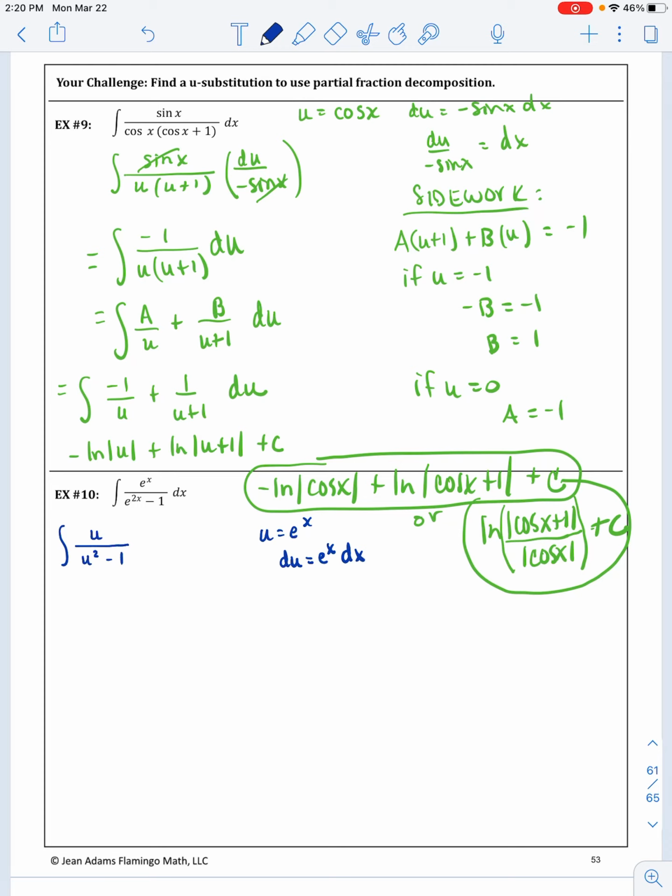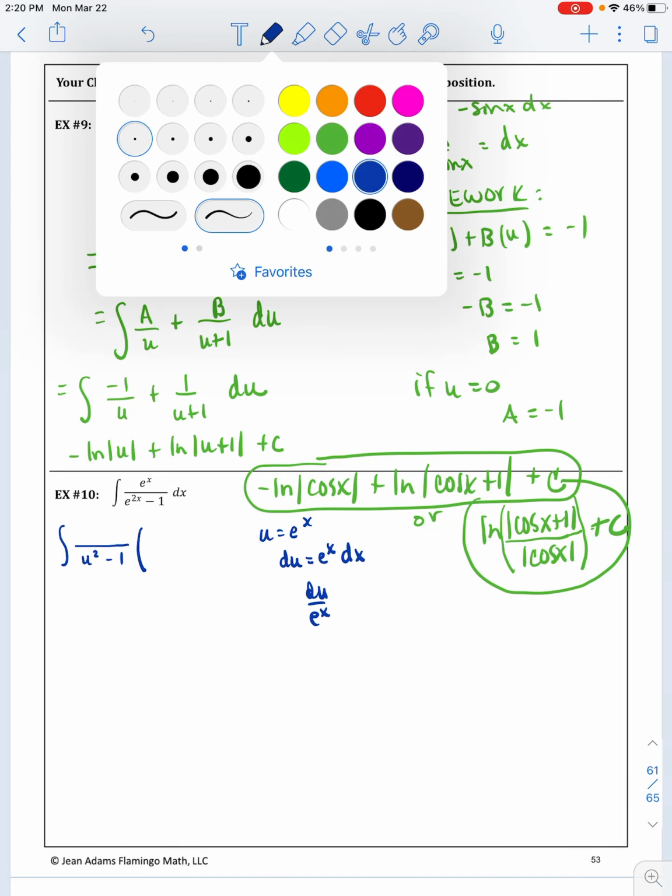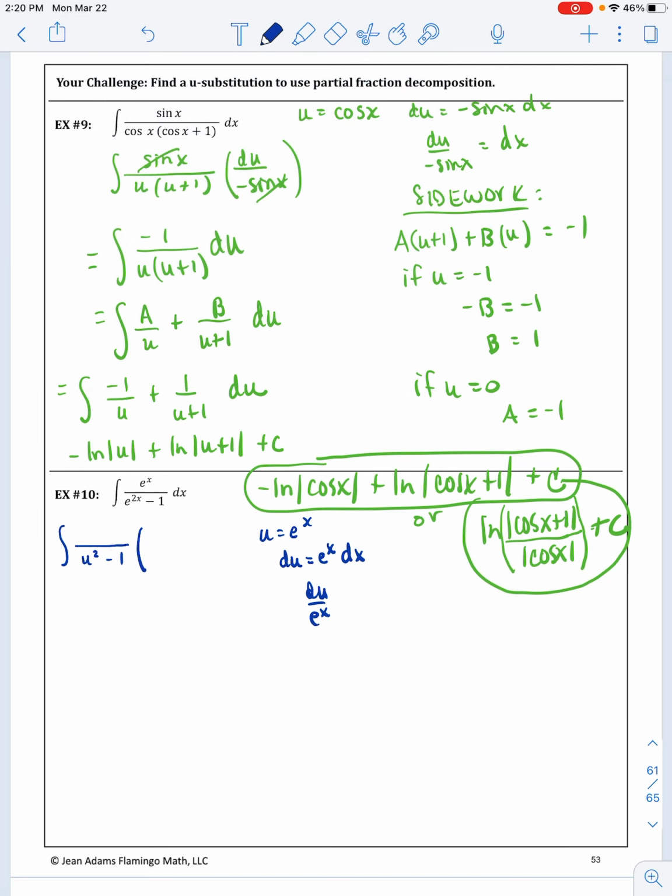And then your du is e to the x dx, so du divided by e to the x. Oh, this will go away. So I don't need that to be a u because it's going to cancel. Now this is going to be u minus 1 times u plus 1.